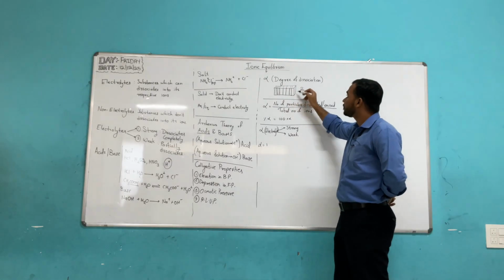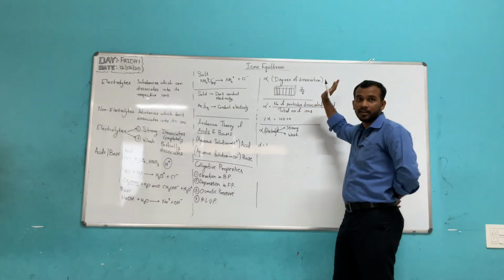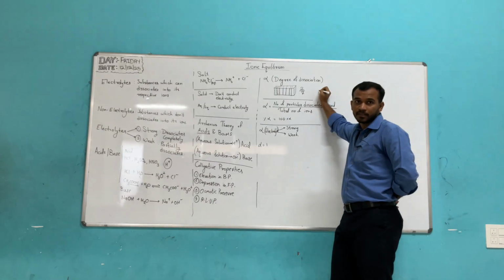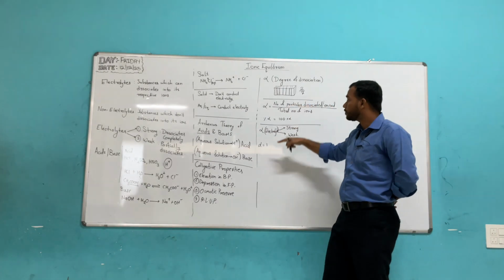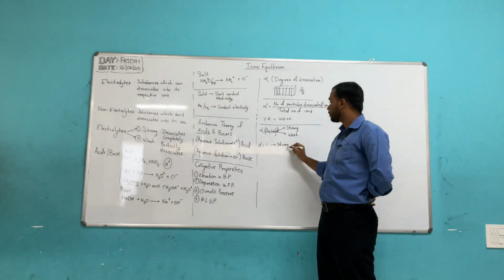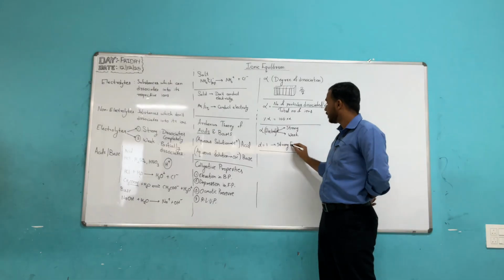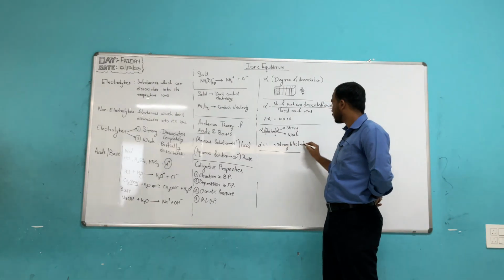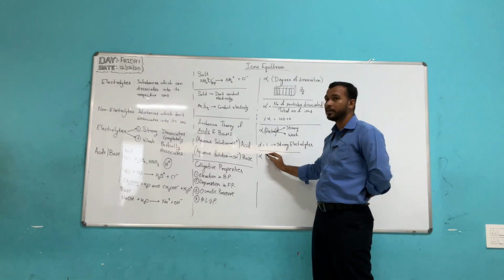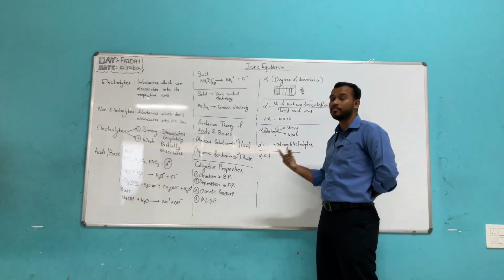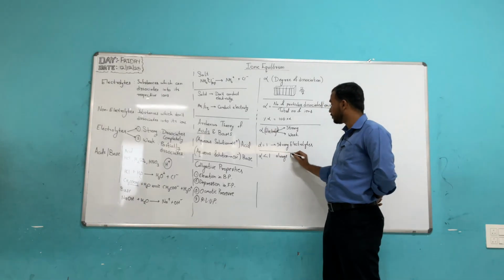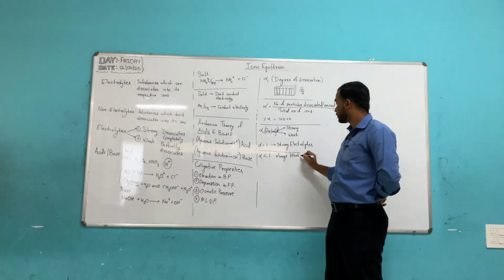Suppose the full block is getting eliminated, your division will become 7 by 7, that is 1. For partial dissociation, from electrolytes, alpha will always be lesser than 1 for weak electrolytes.